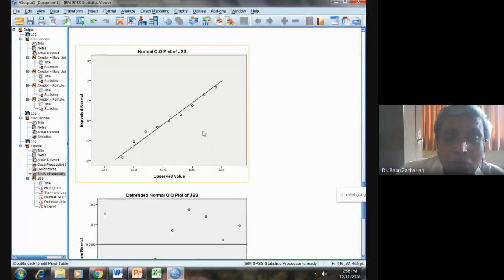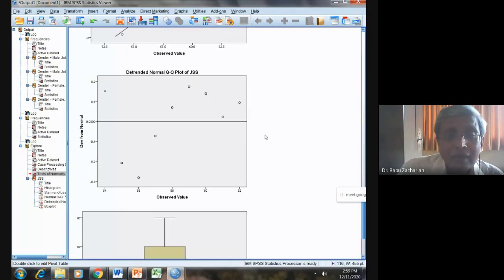Then the QQ plot. See, the actual observed values are here, and if it is actually standard normal, the expected values are calculated and plotted. If it falls nearly on a straight line, it follows a normal distribution.